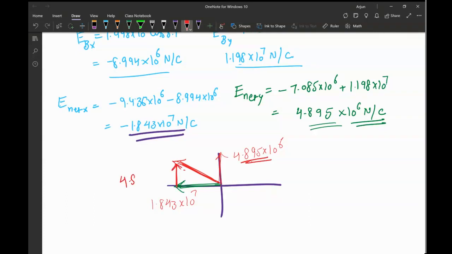This value is 4.895 times 10 raised to the power 6, and down here is this value. Now I have to find the resultant, meaning E net.